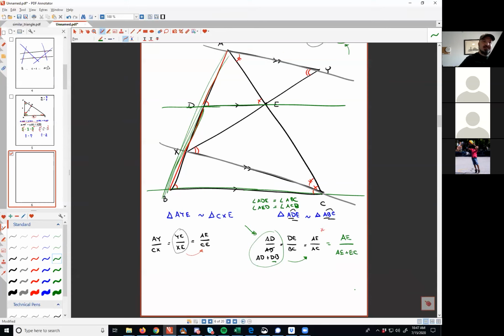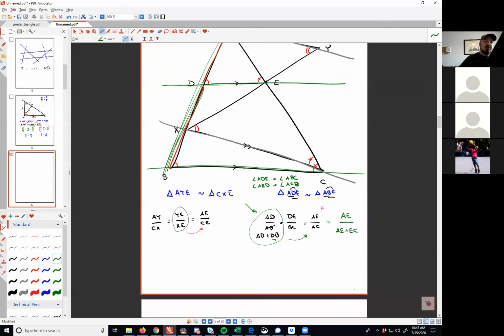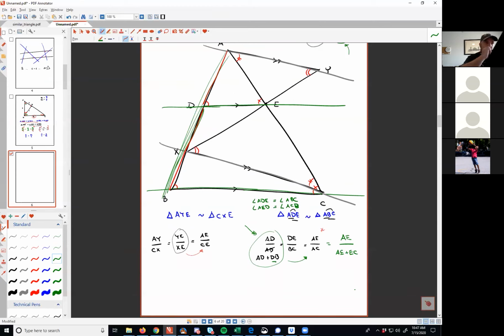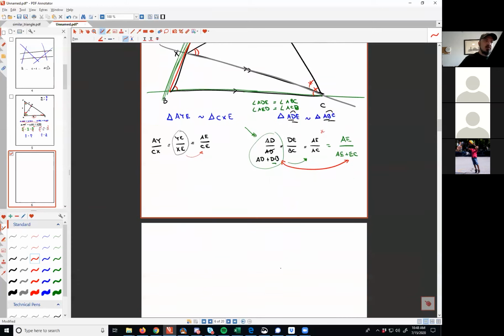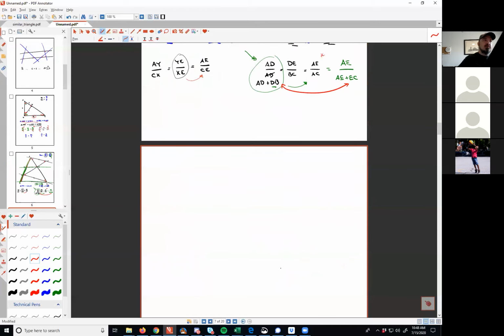Nice. Okay, let's do a little bit of equation manipulation. What can we do if we were to equate these two ratios right here? We know that those are equal, but they're not the easiest to work with, are they? No. What can we do?